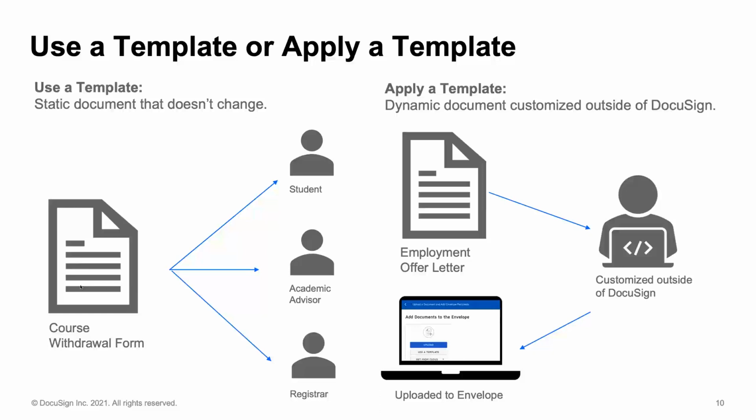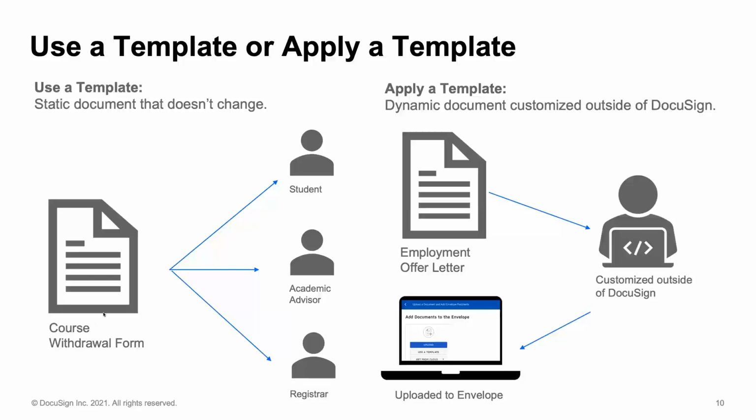For example, let's say that before we even had DocuSign, we would print out 100 copies of a course withdrawal form. It's exactly the same course withdrawal form. We're just printing it out 100 times, and we're putting those papers on the desk of our registrar's office, for example. And whenever a student needs to withdraw from a course, they need to come into the registrar's office, pick up one of those copies, and fill it out with their information.